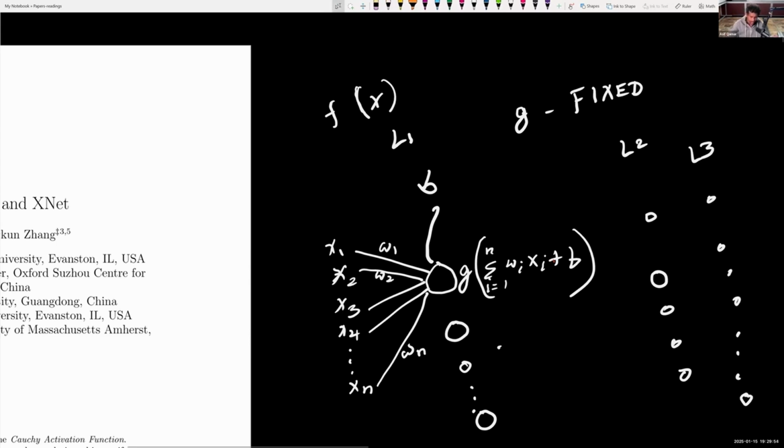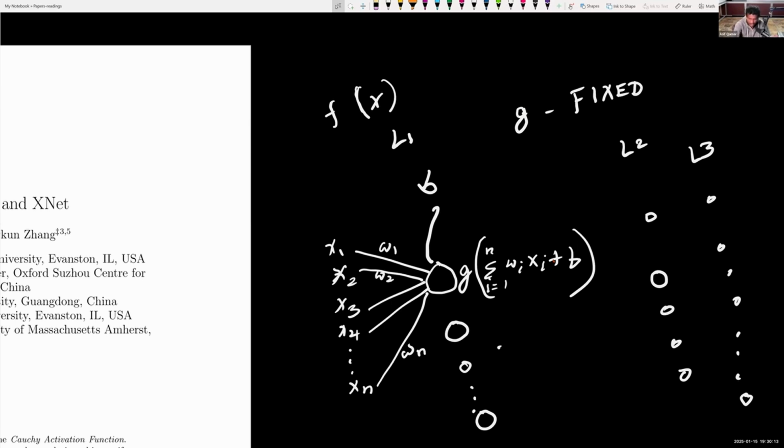You can add multiple layers, and finally bring a single neuron output. If you do that, you are said to be doing deep learning. So basically you have a deep network, which means you have many layers. That's about the background.